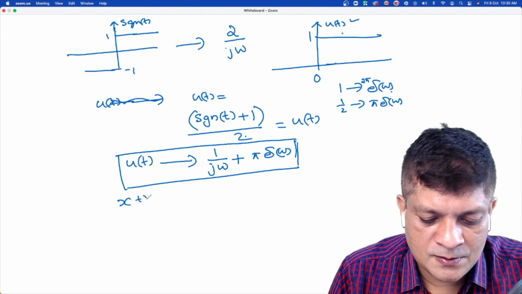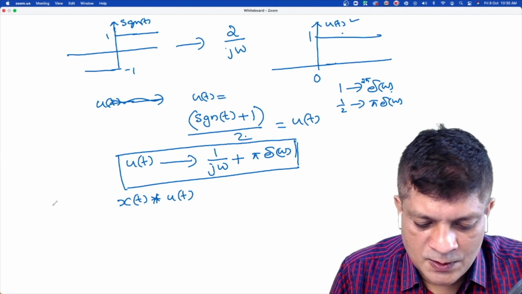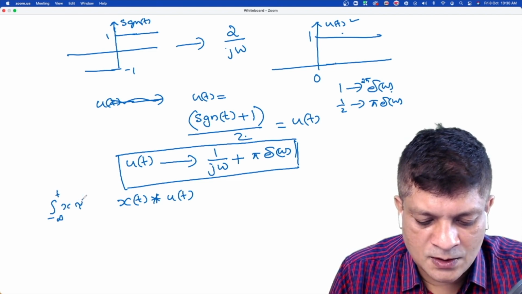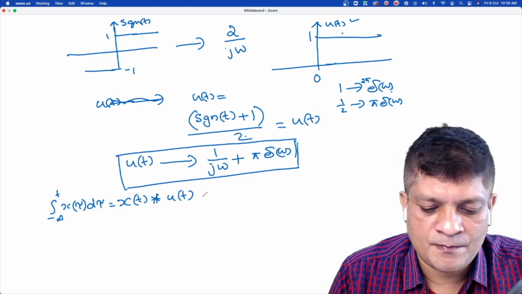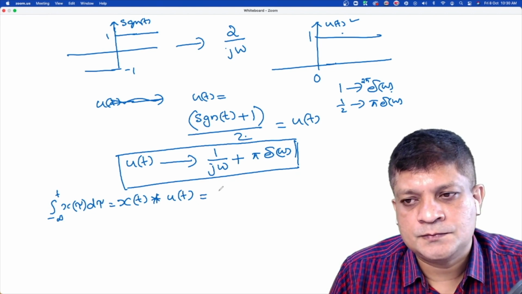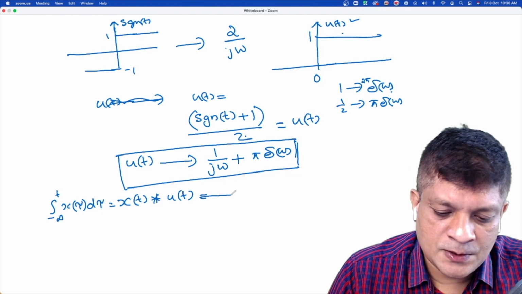We want to prove the integration property: the integral from minus infinity to t of x tau d tau is equal to xt convolution ut. What is the Fourier transform?